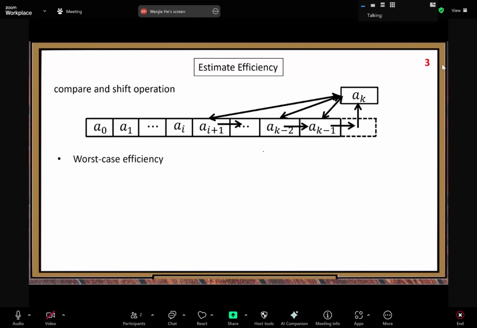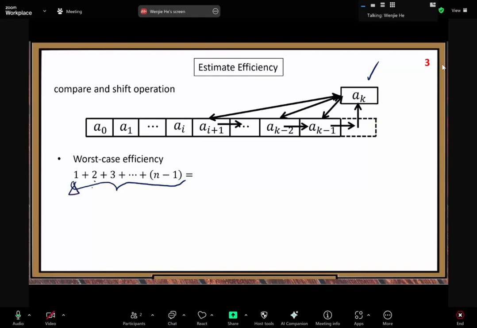Let us count the number of comparisons for the worst case. For the worst case, we need to compare the A K element with all the other elements, so one element for one comparison. But that is for one insertion. To sort the whole array, we need to consider all the possible insertions. The first insertion, you do one comparison.